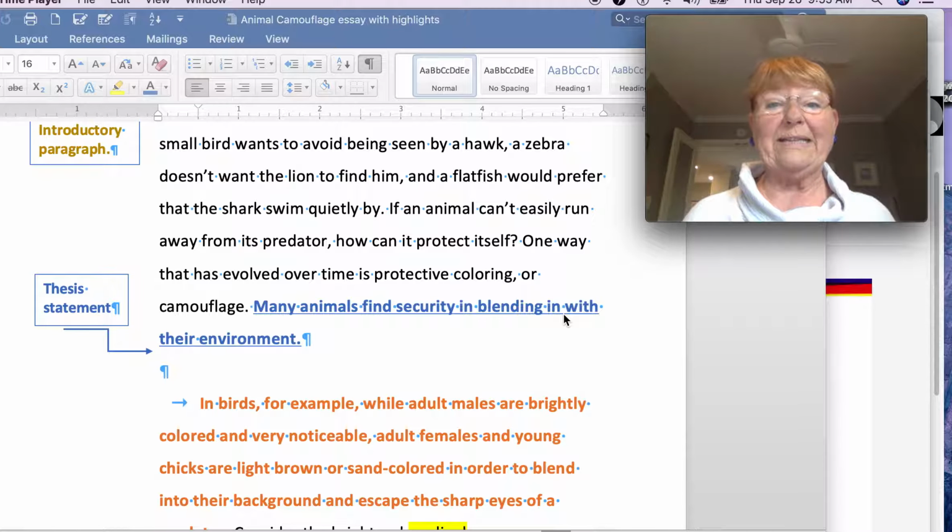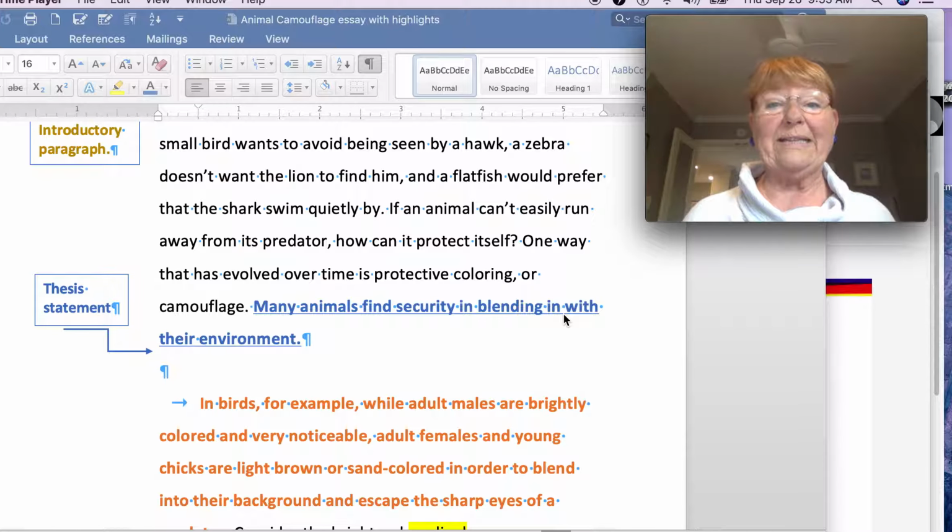And this particular thesis statement says, many animals find security in blending in with their environment. So the topic would be animals finding security, and the controlling idea, what about that, is they blend in with their environment. That's your introductory paragraph.